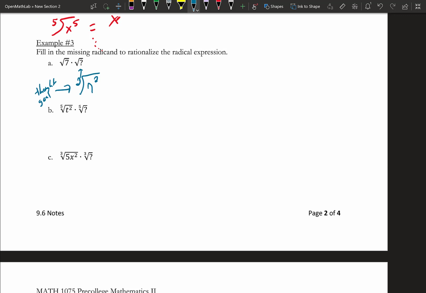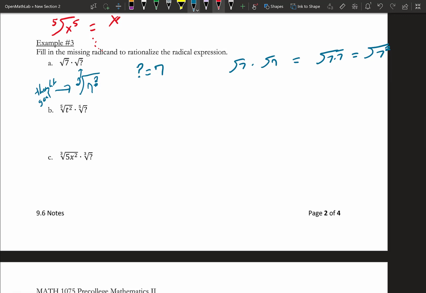This has an index of 2, so I want every factor to have a matching exponent inside. So the question mark is going to be equal to 7, right? Because if that's 7, I would have the square root of 7 times the square root of 7, which equals the square root of 7 times 7, which is equal to the square root of 7 squared. So that gets me the goal that I want.